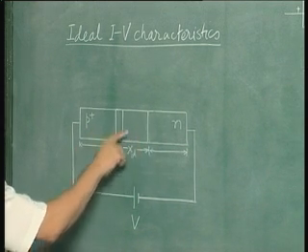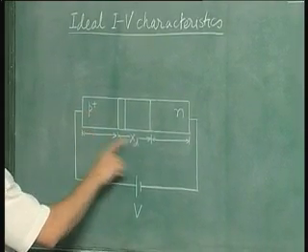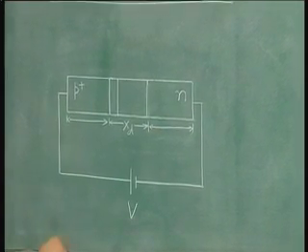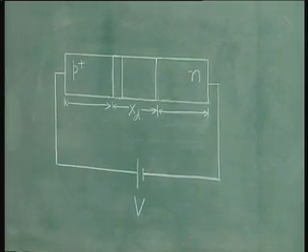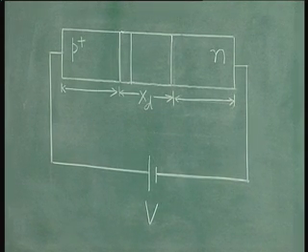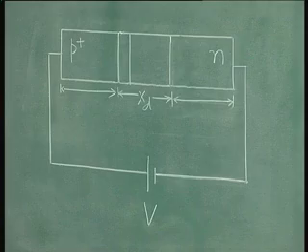This XD is the space charge region, and these two are the so called neutral regions. So we are partitioning the device into space charge and neutral regions. This is the first step in the analysis, and this has already been achieved in the equilibrium analysis.